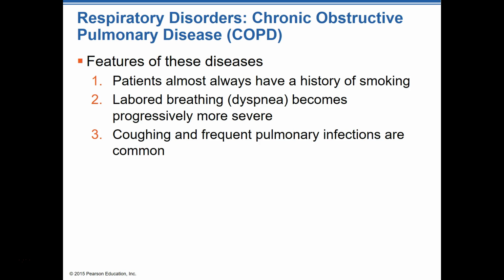Features include patients almost always have a history of smoking, labored breathing that eventually starts to become worse, coughing, and frequent pulmonary infections are common. My physician told me that as we age, our lungs become less elastic, so respiratory conditions start to become more prominent. So why is it that most of the time these COPD disorders, such as emphysema and all those, only start to show up when we get older?